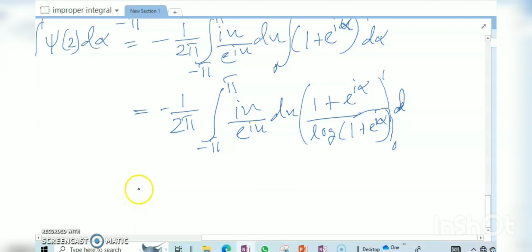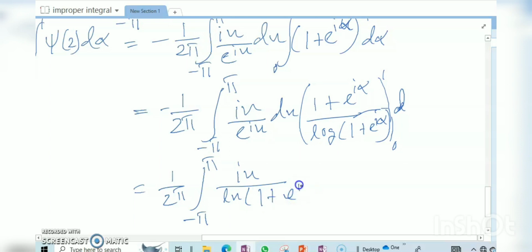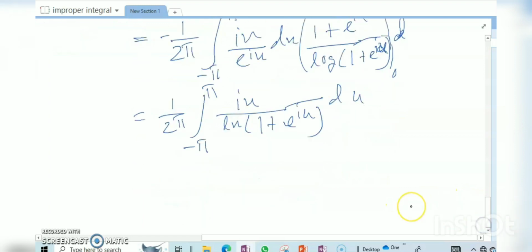So I get this value of the integration: 1 by 2 pi, minus pi to pi, iu divided by ln of 1 plus e to the power iu, here it is u also, and du. This value is equal to my omega value.